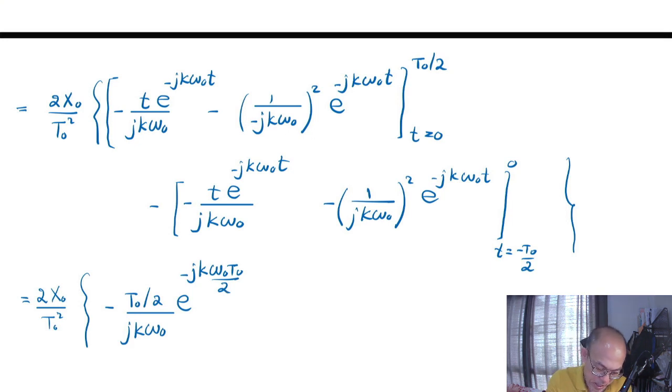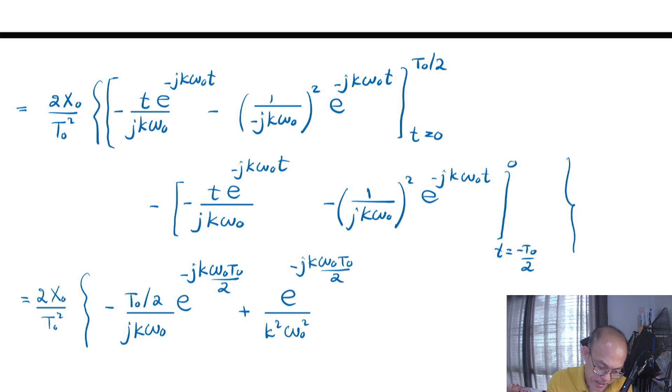And now j squared is minus 1, so minus times minus is plus, so I have plus 1 over k squared omega 0 squared, and the exponential term is e to the minus j k omega 0 t0 over 2.